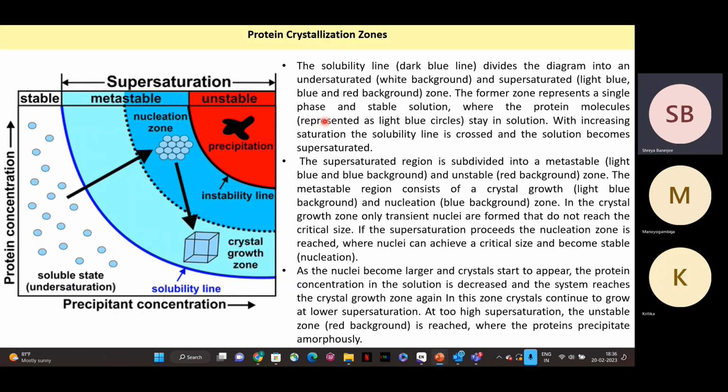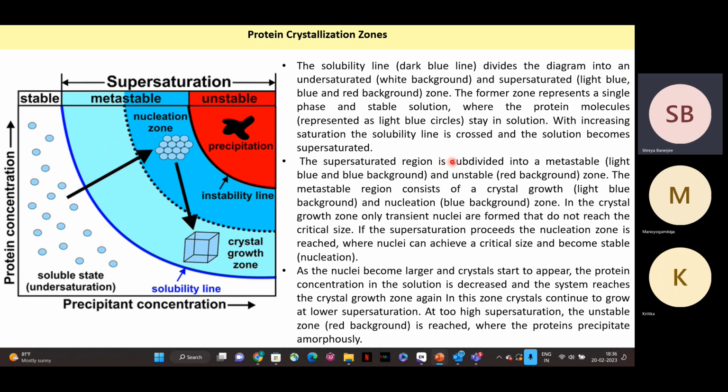Yes, so as I was saying, there is a dark blue line which defines the difference between undersaturation and supersaturation. In undersaturation, you can keep on adding protein molecules and it will still be soluble. Whereas when you go into the supersaturation, that does not happen anymore.